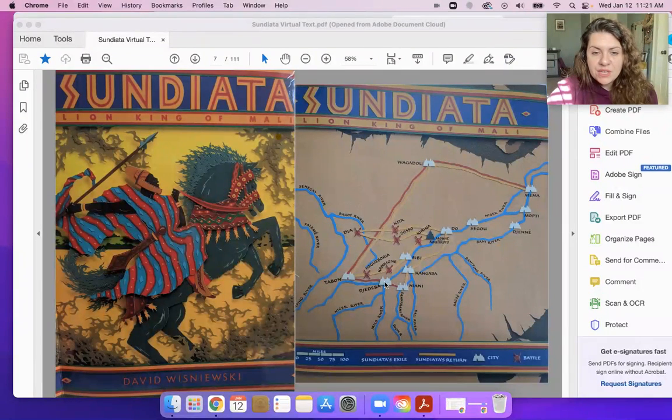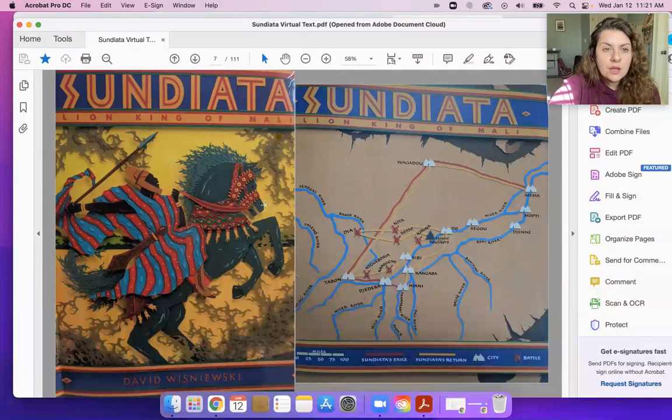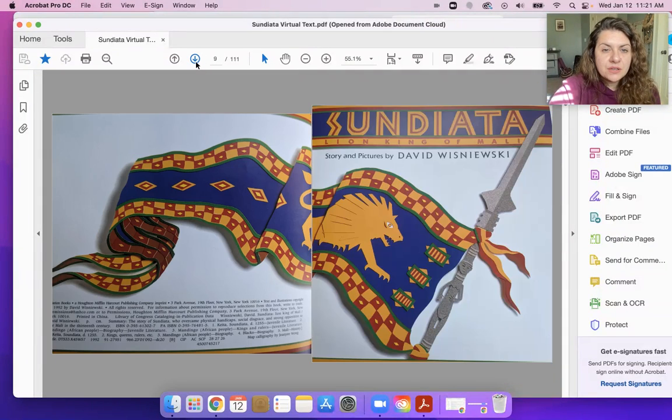He will travel here and here up to here, and this is where he will be exiled for about 10 years before he begins his journey back.